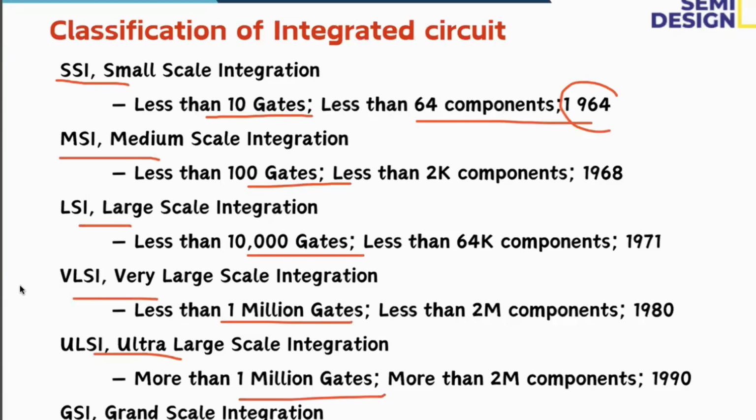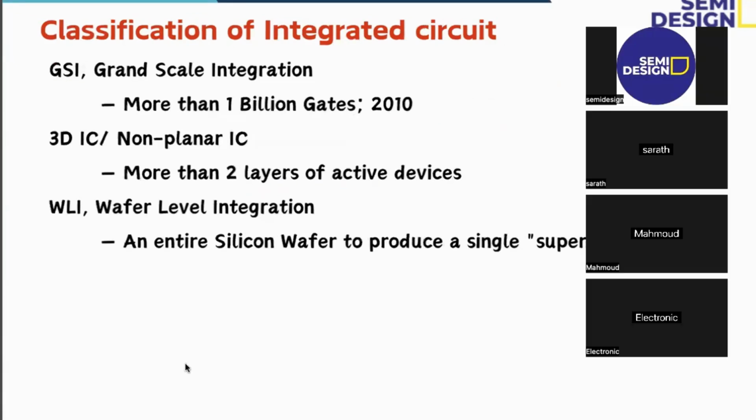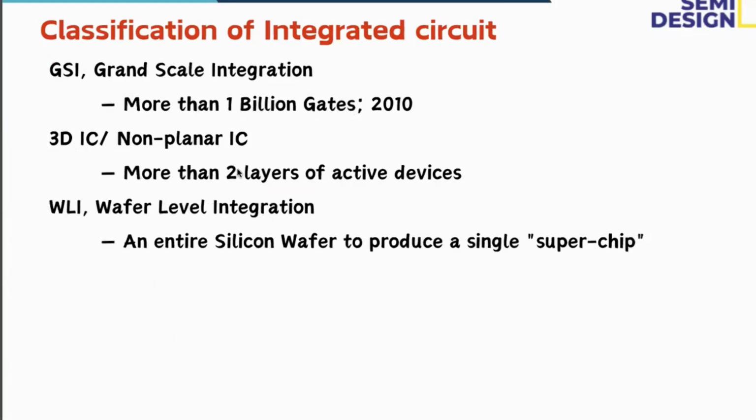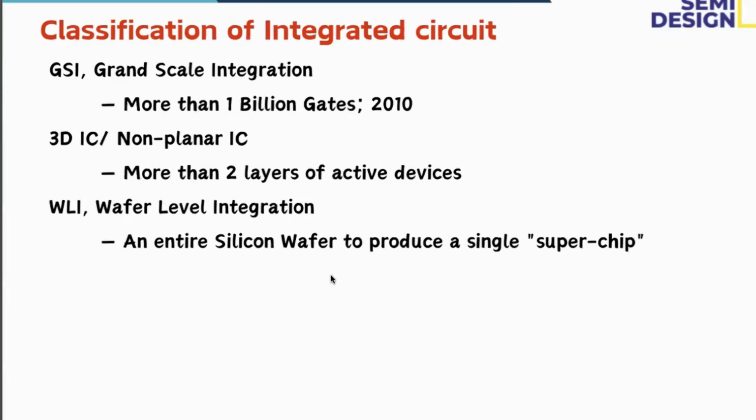So like that, different types of classifications are there in integrated circuits, like grand scale or 3D IC, non-planar IC, like wafer level integration. These are the super chips we are using at the SoC level. So these are the different classifications of integrated circuits. Did you all get the idea, everyone?